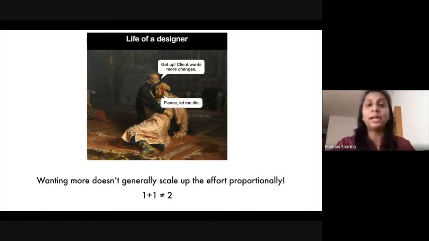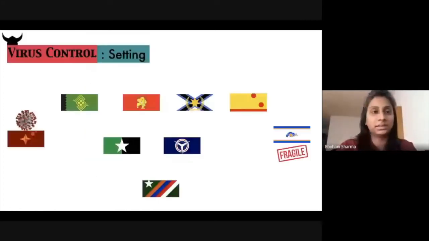So when we're trying to solve this problem, we'll design some tools, and we'll see how these tools can be used in general to reuse algorithms when they are encountered with certain kinds of constraints. So now let me just start with a problem, and we'll see how to solve this problem throughout the talk. The problem is sort of motivated by current events. This is a problem that I call the virus control problem.